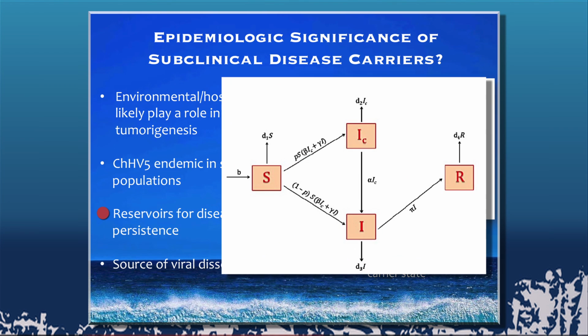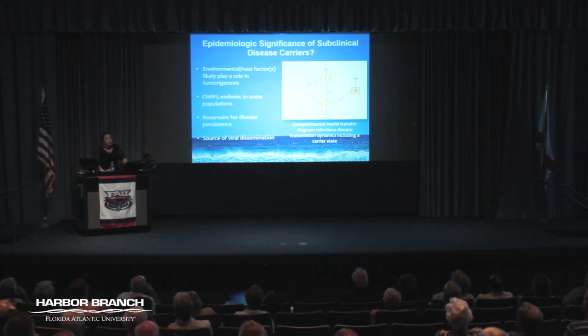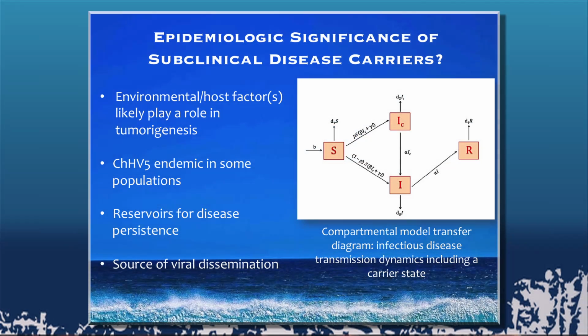So you can see in this diagram, these are the subclinical infected animals. They serve as a reservoir that can lead to infections in susceptible animals, to some extent just as clinical animals can serve as a source of infection. And so they can be a source of viral dissemination within a population.